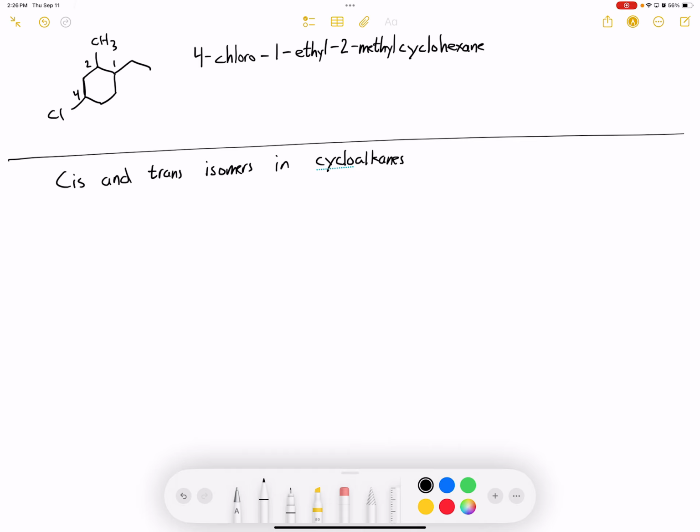So in lab we saw cis and trans with alkenes, right? But now in a ring, you can't necessarily rotate the bonds just like we saw in alkenes, right? So we'll have cis and trans isomers. There's no cis and trans isomers in alkanes, linear alkanes, because you could just rotate them around and then bring them to the same side, okay?